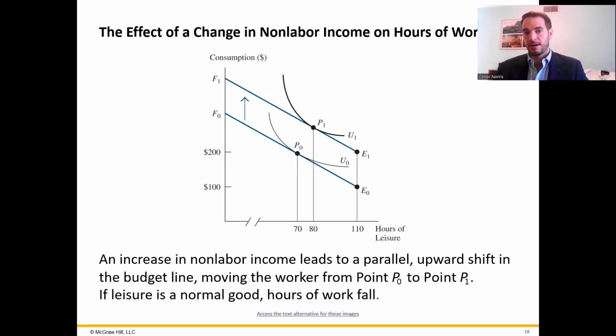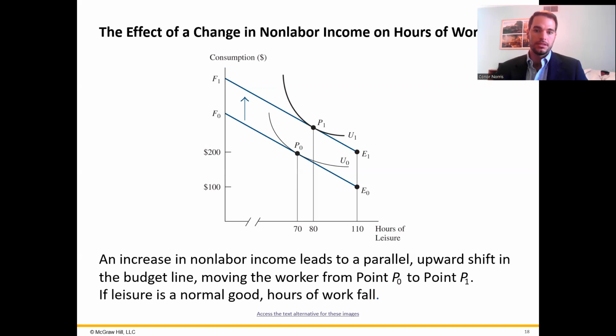This is going to be the best combination for them. At this point, they can enjoy more leisure time than 80 hours, which is great. They'll also be able to spend more money on consuming goods. So the textbook doesn't give a number, but just from guesstimating, it looks like it's about $300 in consumption they'll be able to spend. So this slide notes that this is if leisure is a normal good.